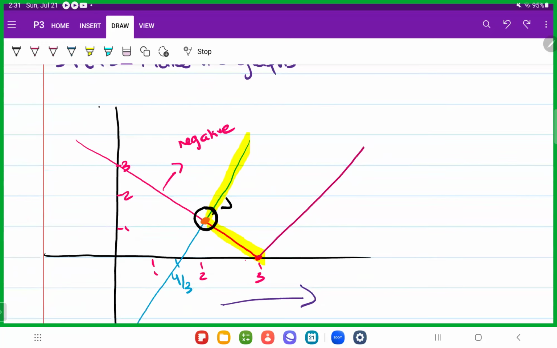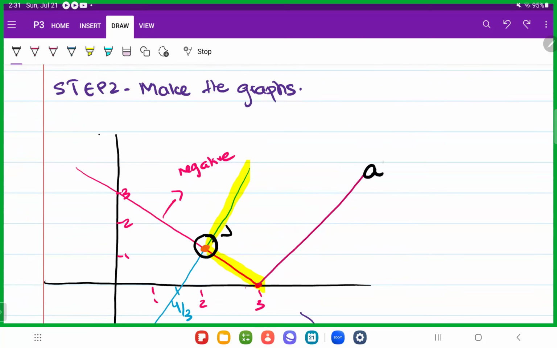So this red line that I have, the red graph, is A, right? This is A and this is A.